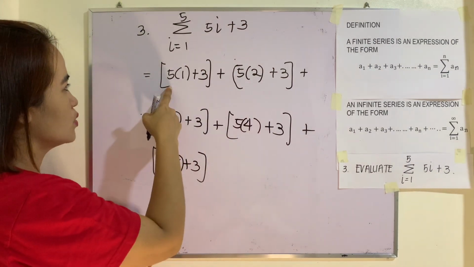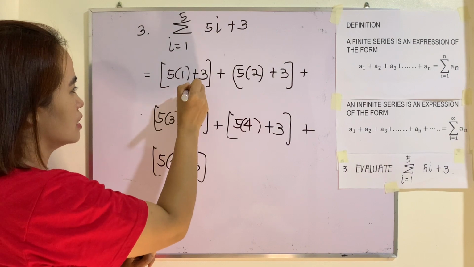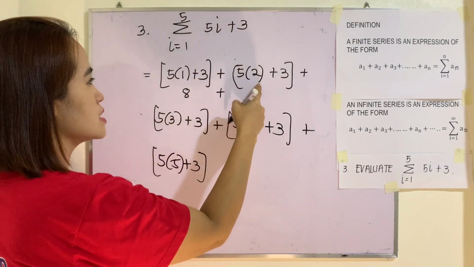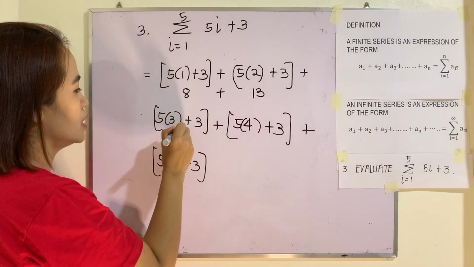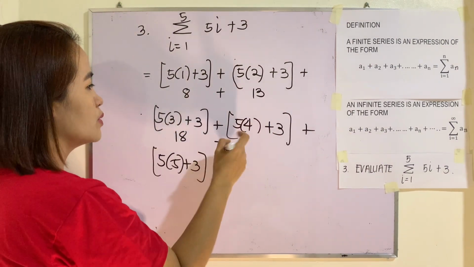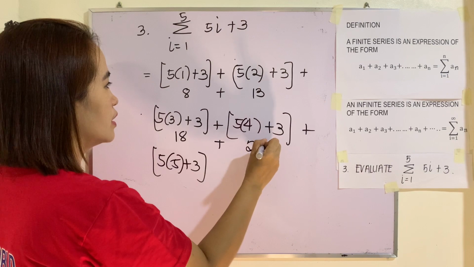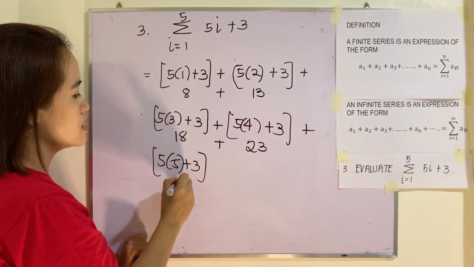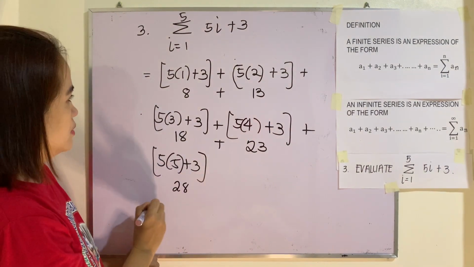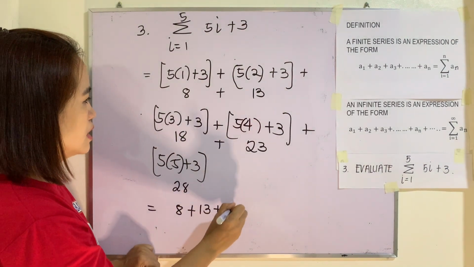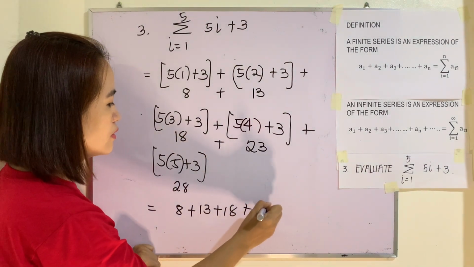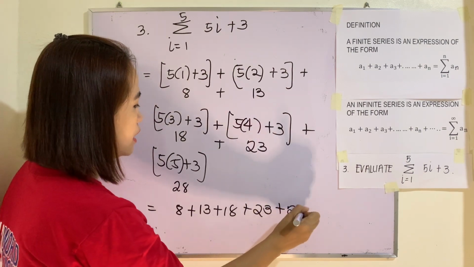Okay, so this one is 5 plus 3, 8. This one is 10 plus 3, 13. This one is 15 plus 3, 18. This one is 20 plus 3, 23. And this one is 28. So we have 8 plus 13 plus 18 plus 23 plus 28.